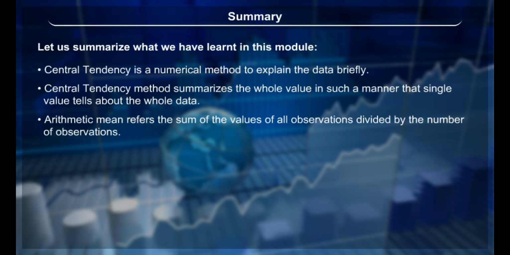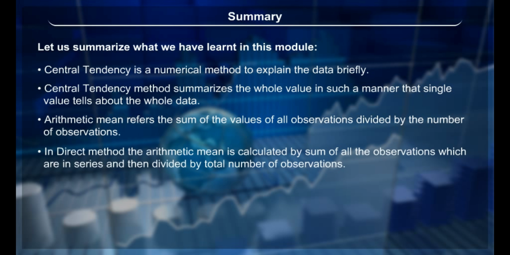Arithmetic mean refers to the sum of the values of all observations divided by the number of observations. In direct method, the arithmetic mean is calculated by summing all the observations in a series and then dividing by the total number of observations.